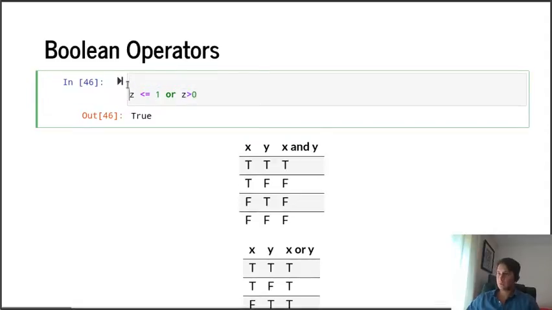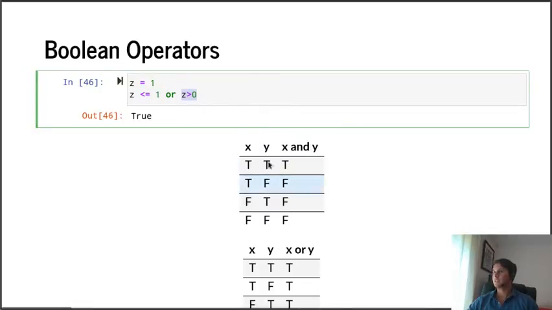For example, let's say x is equal to 1. Therefore, x is less or equal to 1, and also is greater than 0. Therefore, this will be true, and this will be true. And when we have true or true, obviously that's true, because we want any of those to be true.